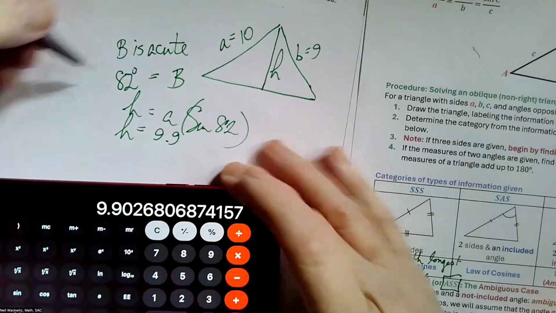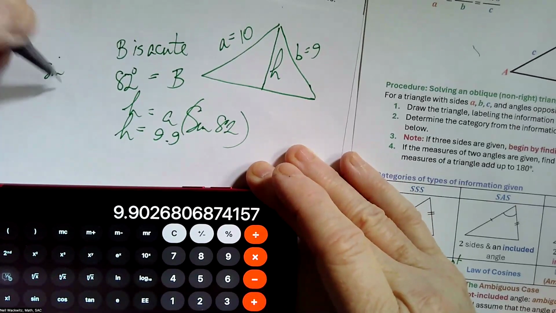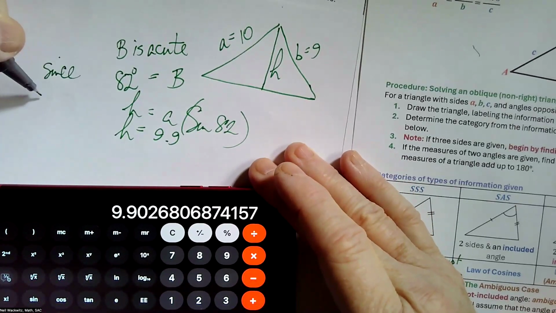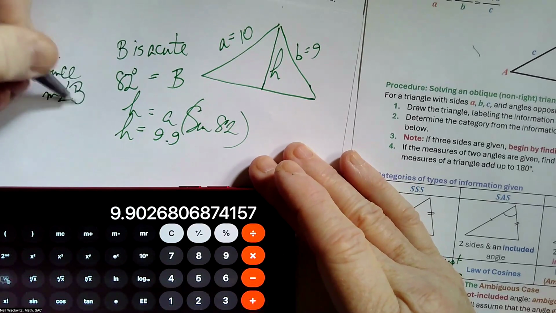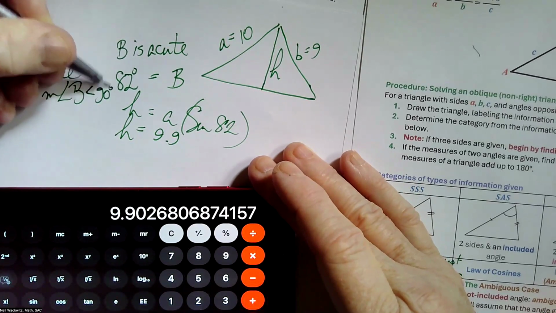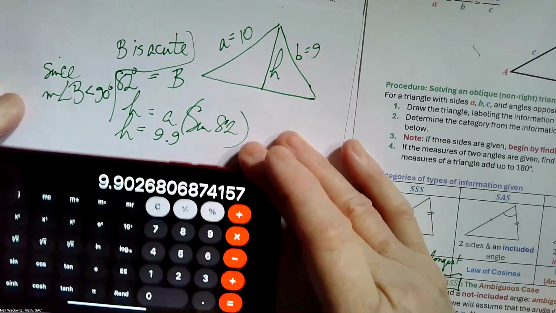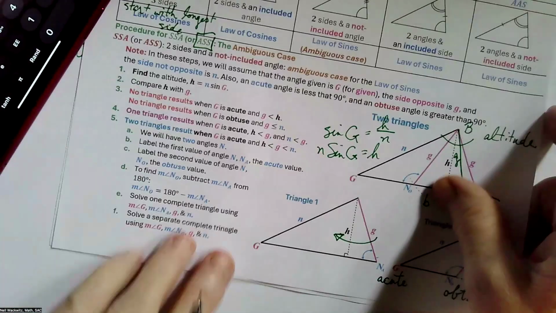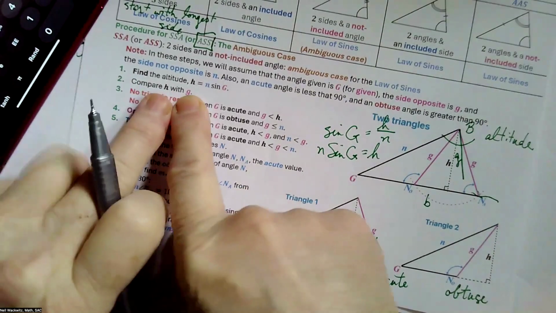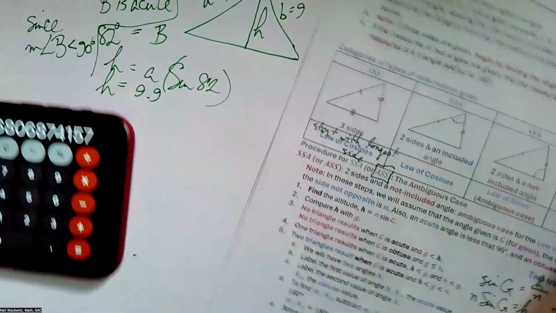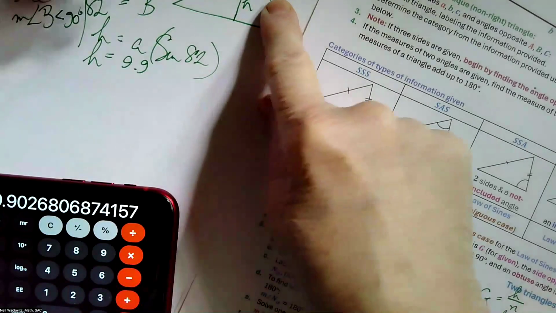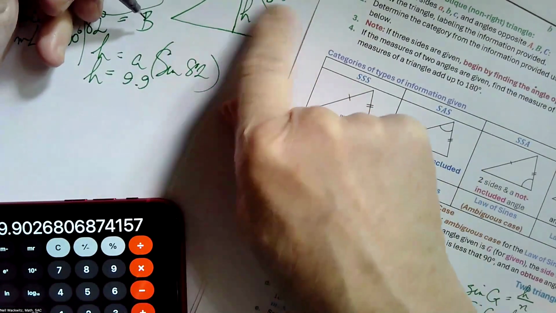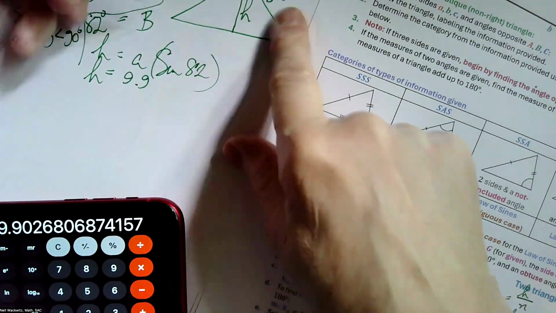Since the measure of angle B is less than 90, that means we're going to compare H with G. Okay, H and G. So the given, the side that matches in letter with the given angle.